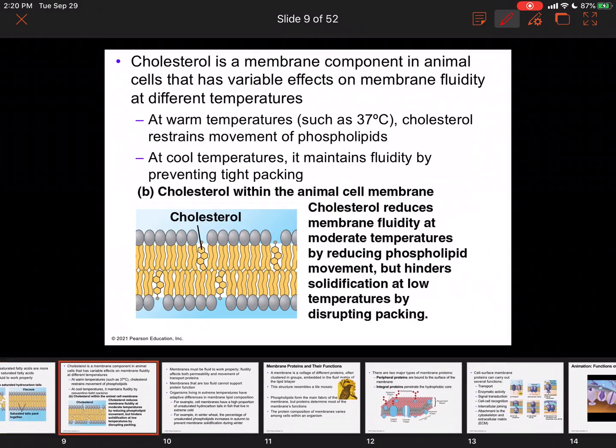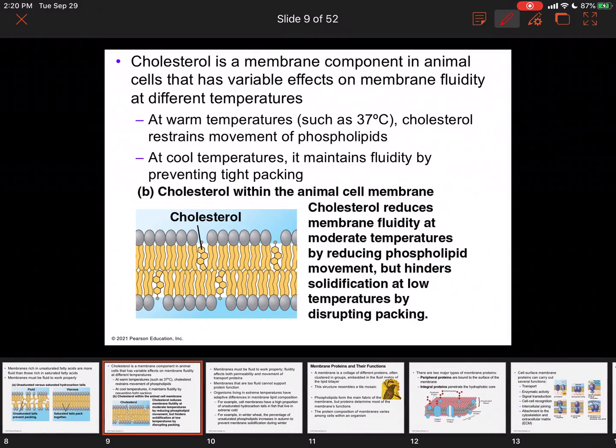That helps with fluidity. We can also embed cholesterol. So cholesterol can be used in the cell membrane. It says it's a membrane component in animal cells, so we find this in animal cells. It has variable effects on membrane fluidity at different temperatures. And so it will help at warm temperatures.